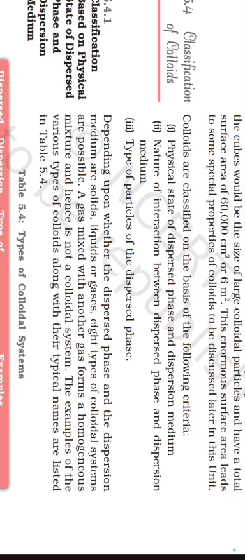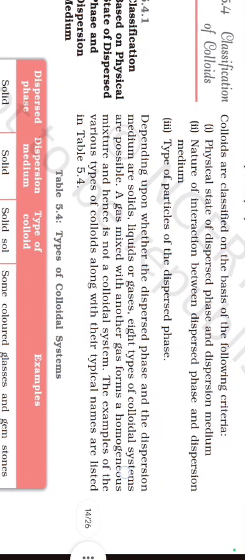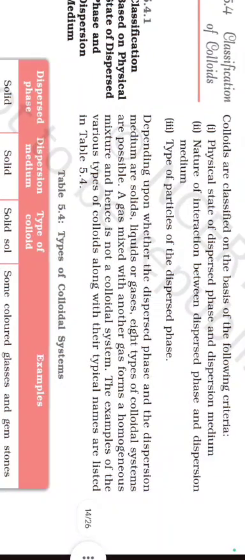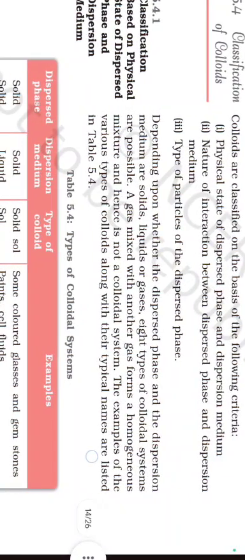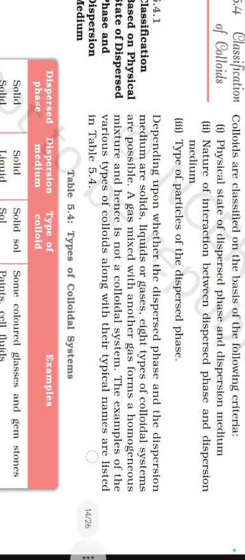Classification of colloids. Colloids are classified on the basis of the following criteria. First, physical state of dispersed phase and dispersion medium. Second, nature of interaction between dispersed phase and dispersion medium. Third, type of particles of the dispersed phase.